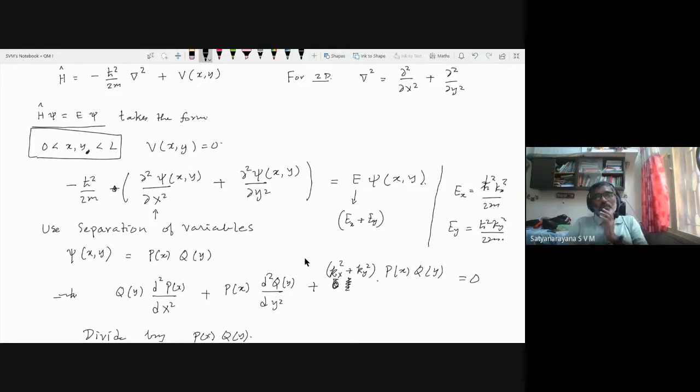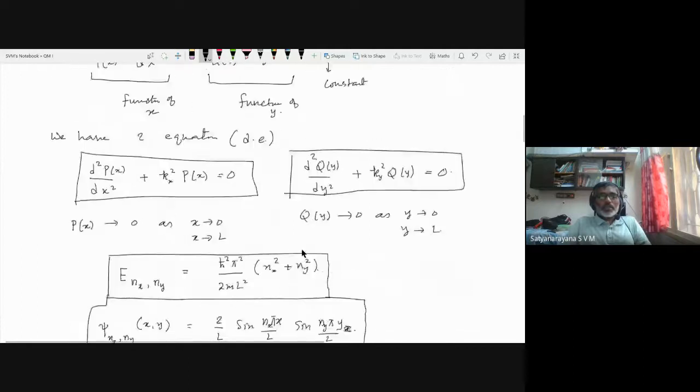And there, even in the particle in a box problem, if you take a rectangular box, that is, you're not taking a square box, let me go and look at the energy eigenvalues that I had written here.